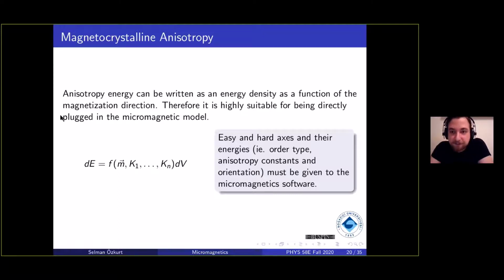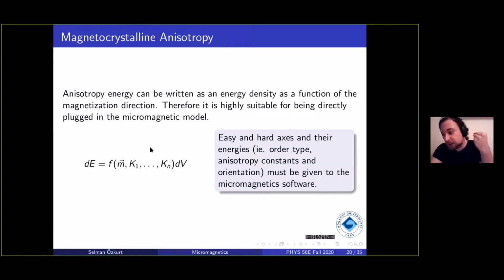Now next, magnetocrystalline anisotropy energy. It's caused by the orientations of the crystal, and there are many types of it, so I didn't go on to write all types of them as a list here. But in general, the energy depends on the direction of a local magnetization with respect to the crystal axis. This is the simplest definition.